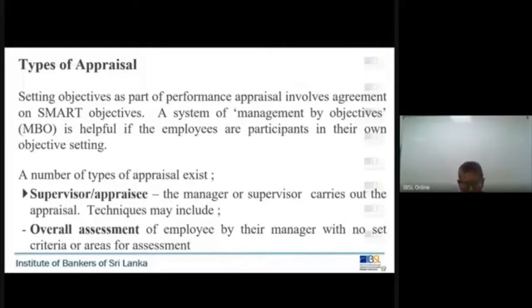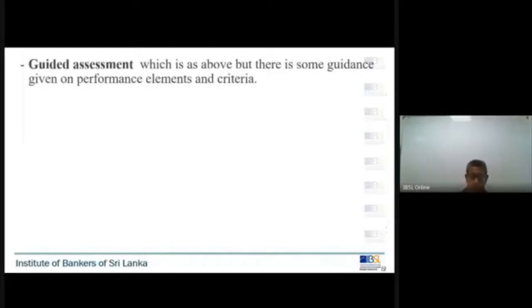Really, how you come to work, how you behave in the organization, how you are good with all factors, an average, overall assessment about you. That is one way you can do. The second method is what you call guided assessment. That means the manager is given a guided way. These are the areas you need to look at in evaluating your subordinates.